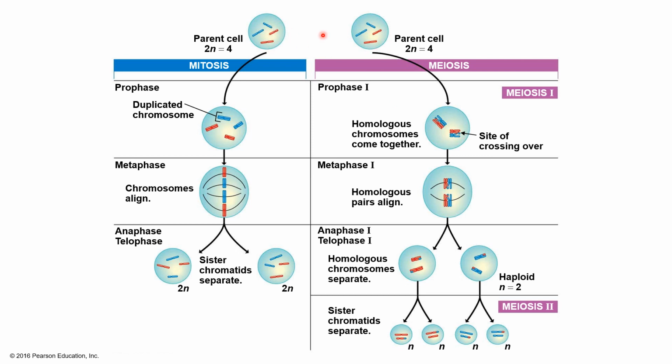This just compares mitosis and meiosis for you side by side. So let's say here are your parent cells, and you can see that those parent cells are diploid, so they have the full set of chromosomes, and let's say that they are carrying 4 chromosomes. During mitosis, your cell is being cloned.